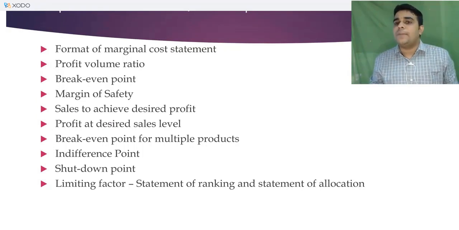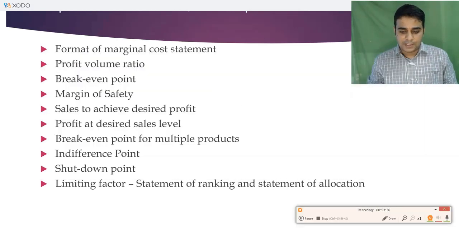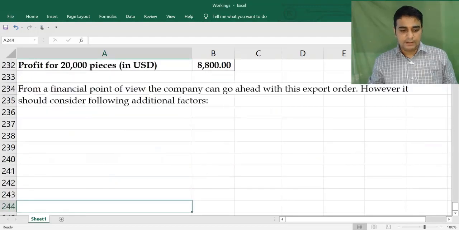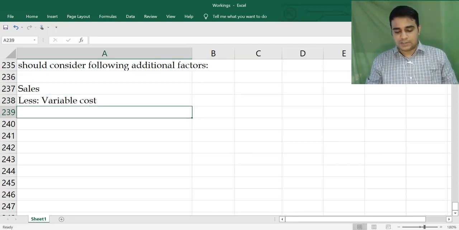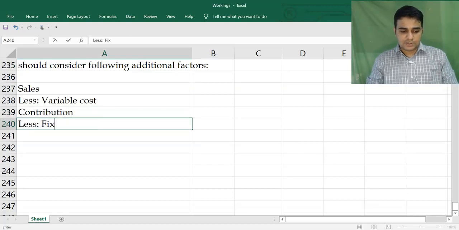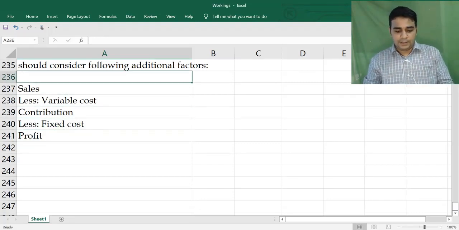First I'll discuss the format of marginal cost statement. I think most of you would be aware of it. The format is: sales, less variable cost, contribution, less fixed cost, and profit.